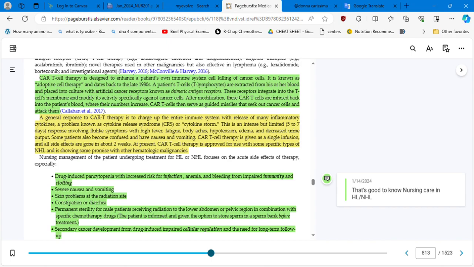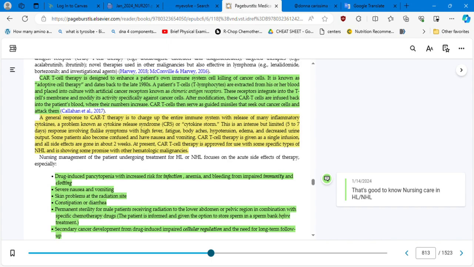A general response to this therapy is to charge the immune system with release of many inflammatory cytokines, a problem known as cytokine release syndrome. So that's the side effect after they put back the T cells with these chimeric antigen receptors.